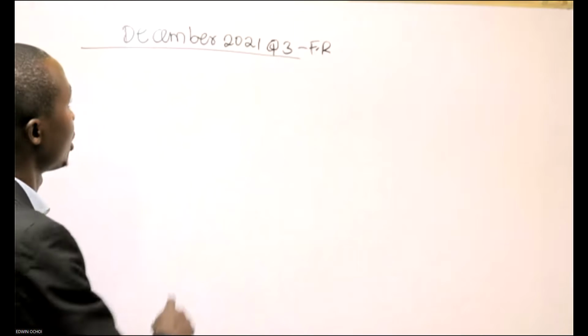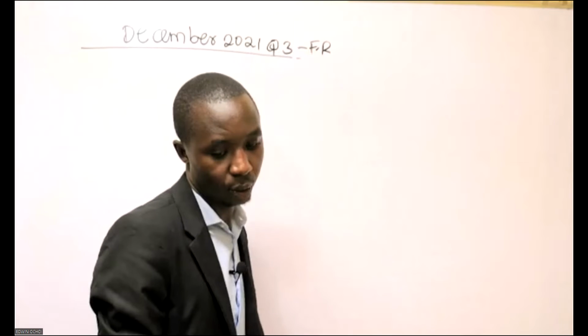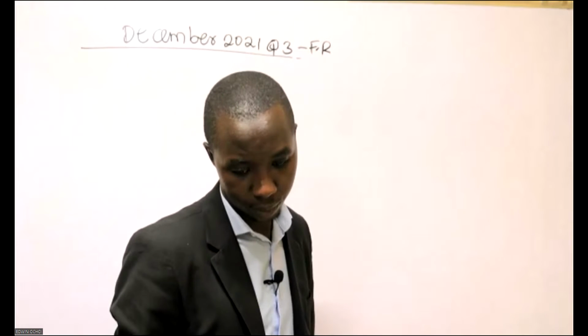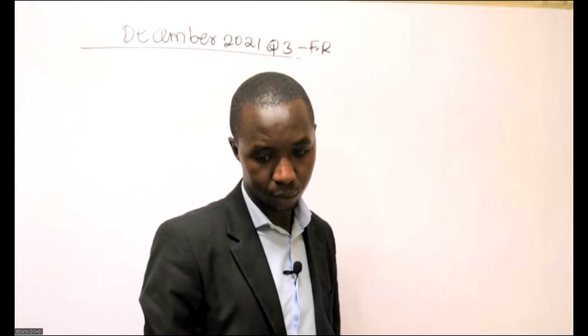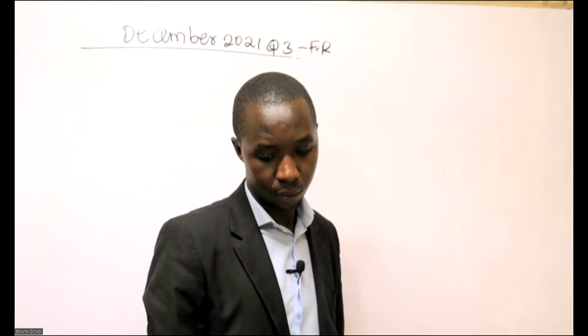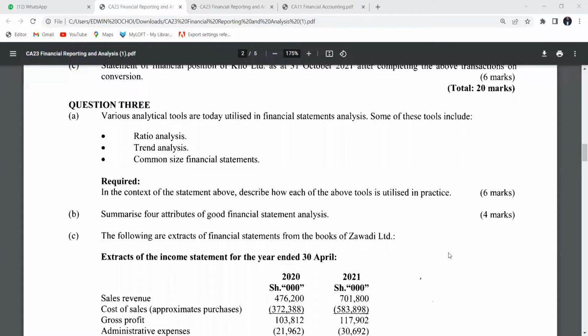So our second question is December 2021, question 3. So let's look at that. Under this question 3, they were saying that various analytical tools are today utilized in the financial statement analysis.